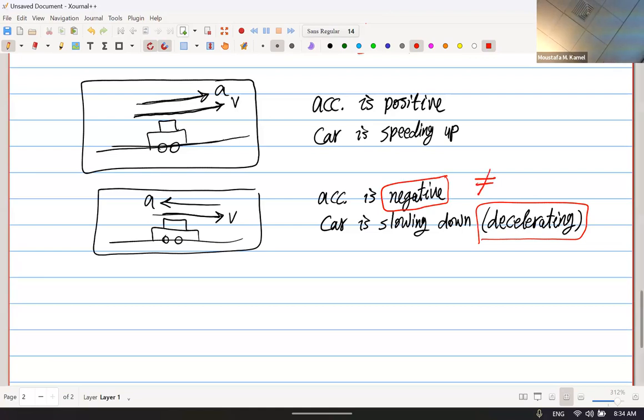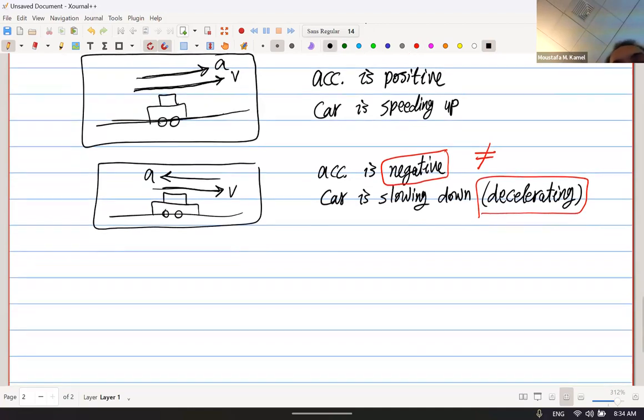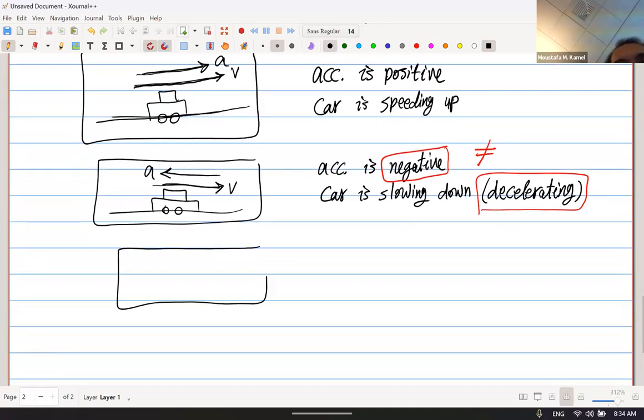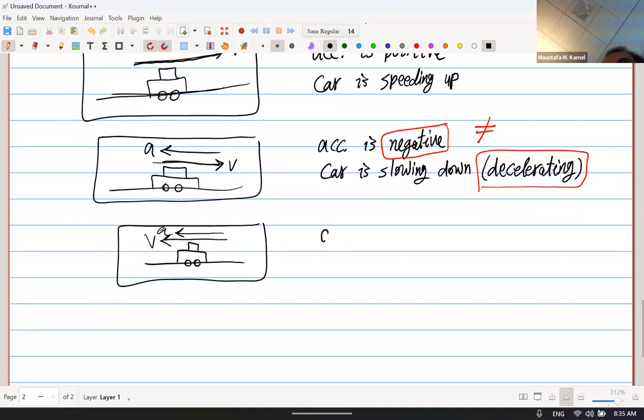It's not always the case that when acceleration is negative, the object is slowing down. If you think about an example like this, let's assume the car is moving to the left. This is the direction of velocity, and this is the direction of acceleration as well. So here acceleration is negative, but the car is still accelerating, speeding up to the left side.